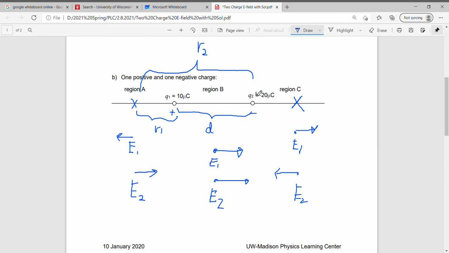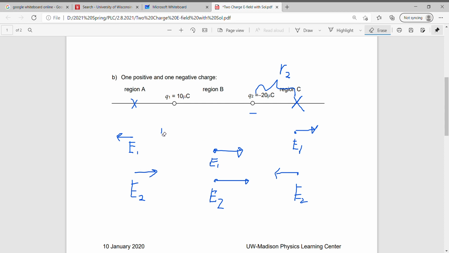But now, oh wait, sorry, this is R1 and this is R2.